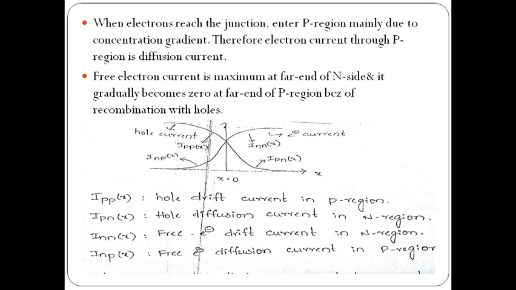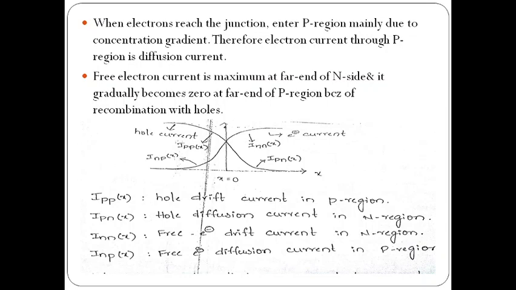So due to the concentration gradient of electrons, we get current due to the diffusion process only. Therefore, electron current through the p region is diffusion current. Clear?